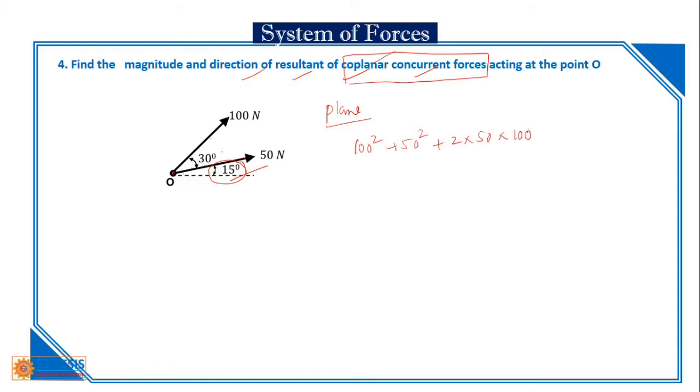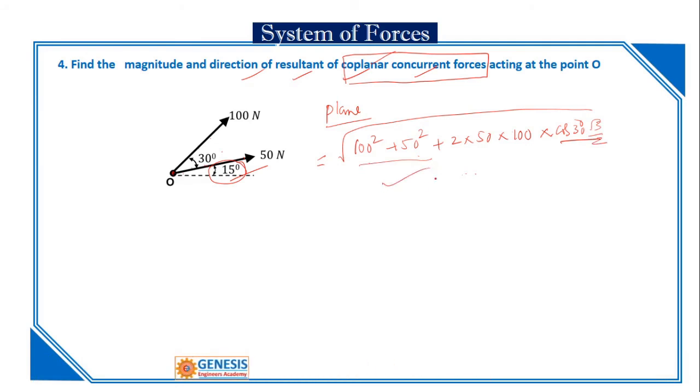What is the value of this? Cos 30 is equal to root 3 by 2, and you add this up and find the value. It is your duty to use your calculator and get the value. So the option is only that one.